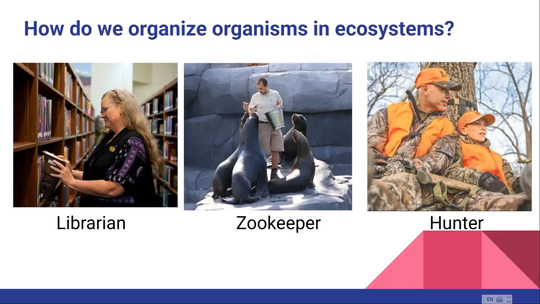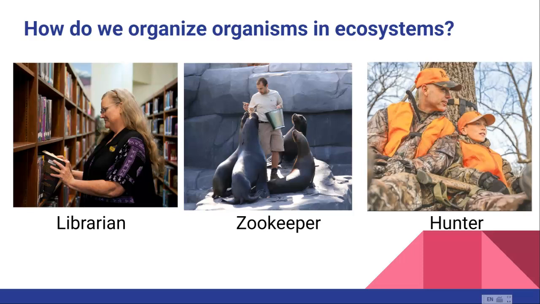All right, so if we were to organize organisms in an ecosystem, if we were a librarian, we might organize them alphabetically, right? We want to know where the different books are on, I don't know, armadillos, and they would be next to the bears, and they would be next to the cheetahs, ABC order. If we were a zookeeper, we might want to know, do they need a cold habitat? Do they need an aquatic environment? Do they need a daily delivery of fish?